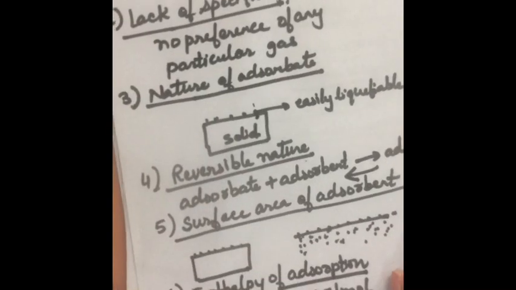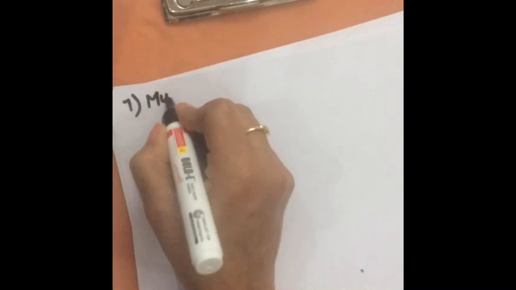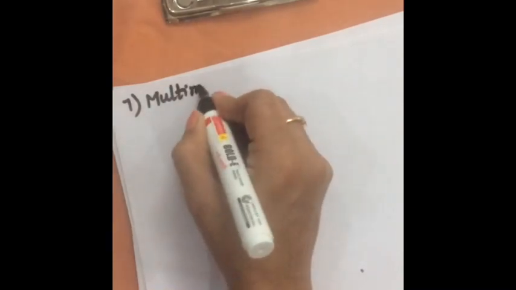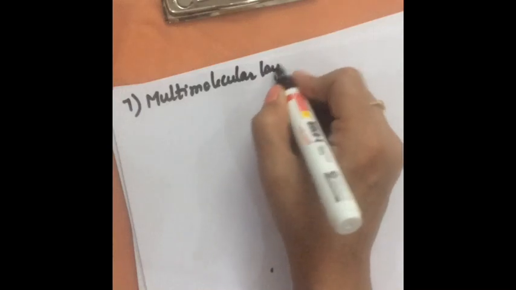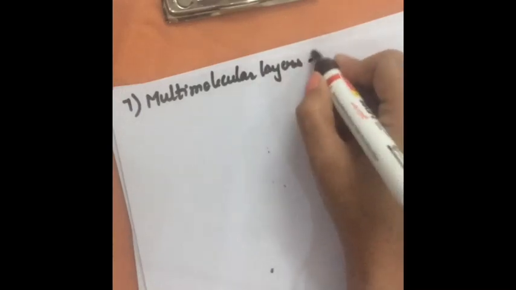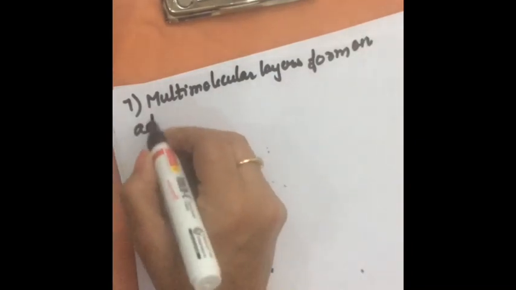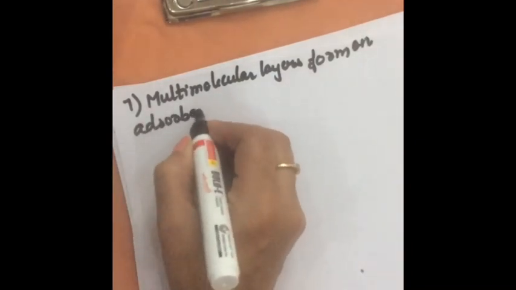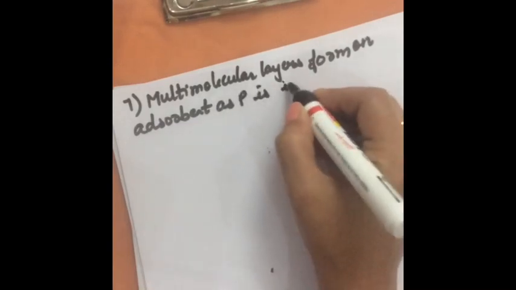The last characteristic of physical adsorption is multimolecular layers. Multimolecular layers form on adsorbent as pressure is increased.